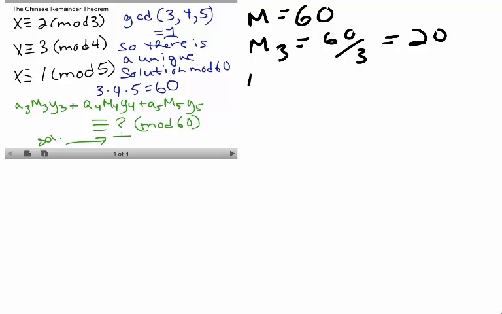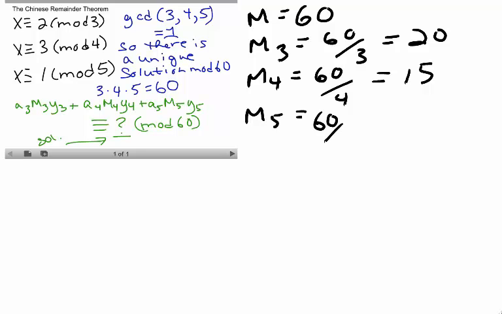M sub 4 is equal to 60 divided by 4, which is 15. And M sub 5 is equal to 60 divided by 5, which is 12.